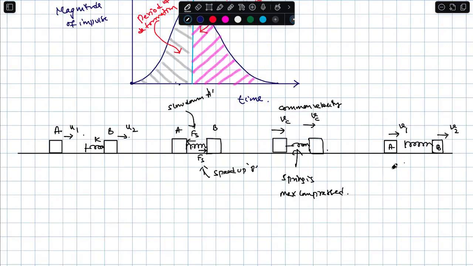Actually, this is what happens in a collision. Prior to this moment, the spring keeps on compressing. After this moment, the spring starts recovering. And thereafter, this is the velocity of A and this is the velocity of B.